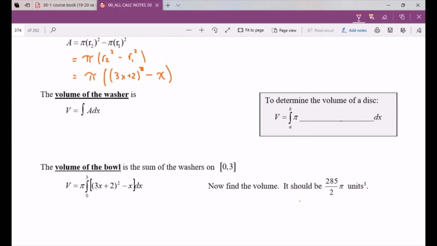The volume, therefore, of the washer ends up being the integral of that area, which is pi times the integral of (3x plus 2) squared minus (root x) squared dx. This ends up being equal to pi times the integral of 9x squared plus 12x plus 4, and then I'm going to subtract x for the square root of x squared, and this is dx.